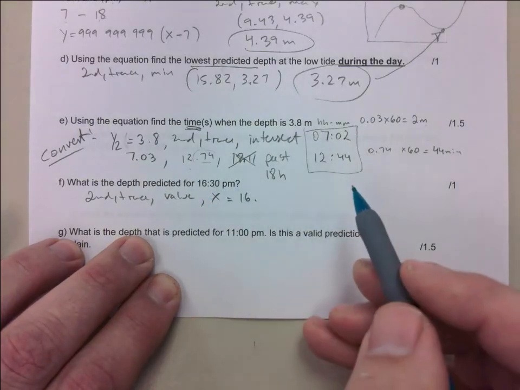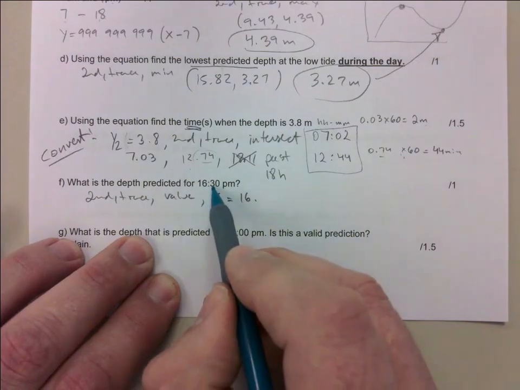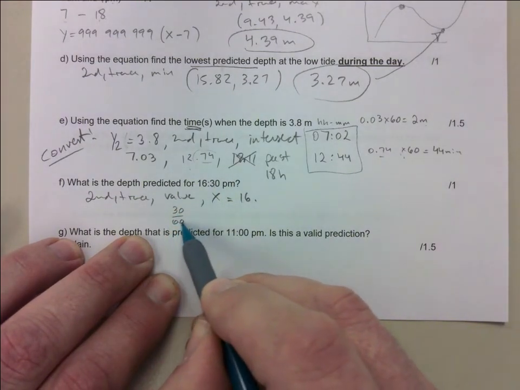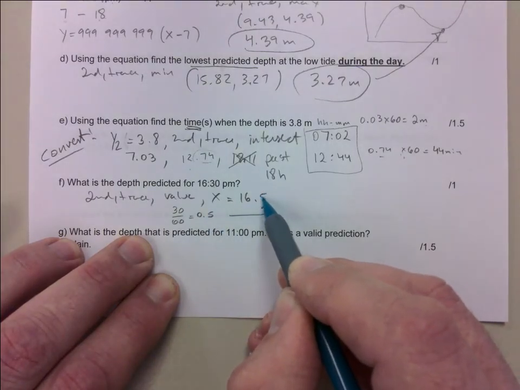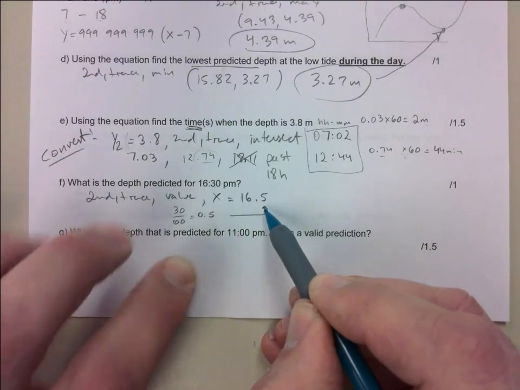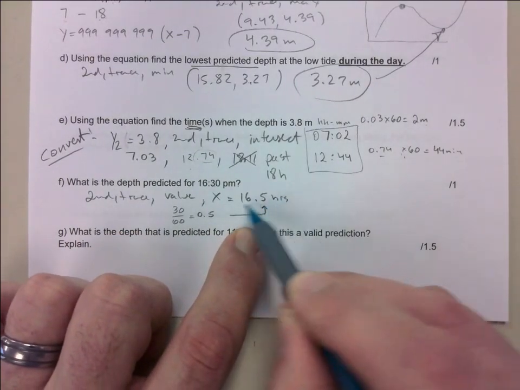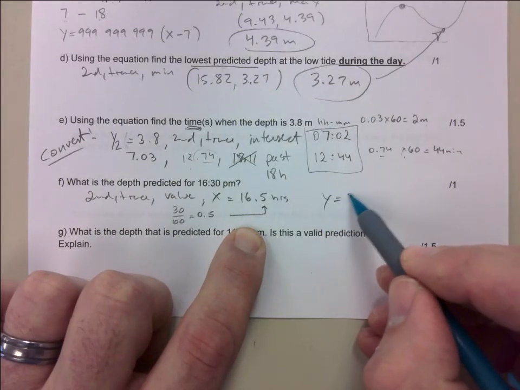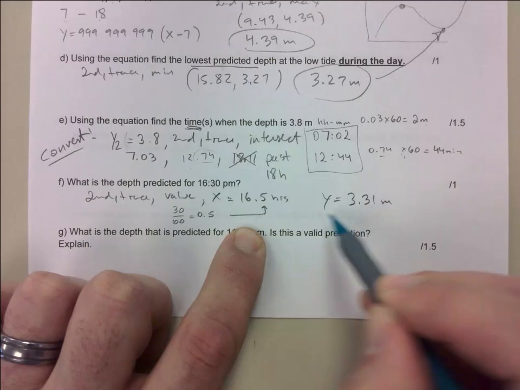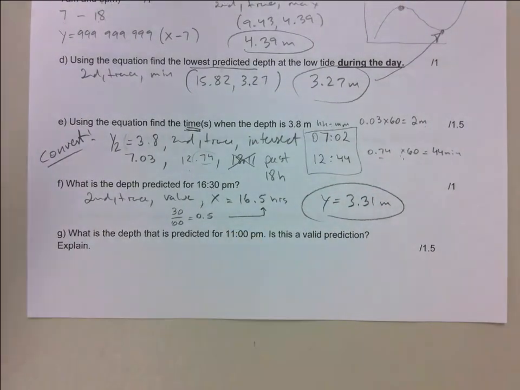We used to multiply by 60. In this case, you got to go 30 divided by 60, you get 0.5. So you have to convert your minutes to hours. Okay? 16.5 hours. So if you do that, you get 3.31 meters. That's the depth there.